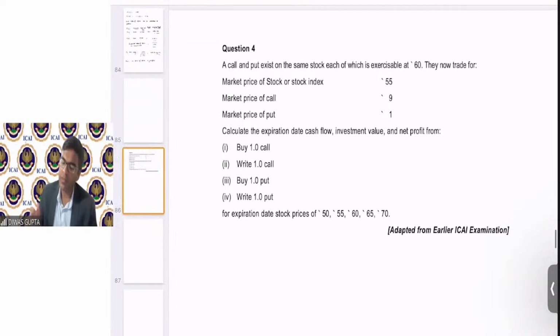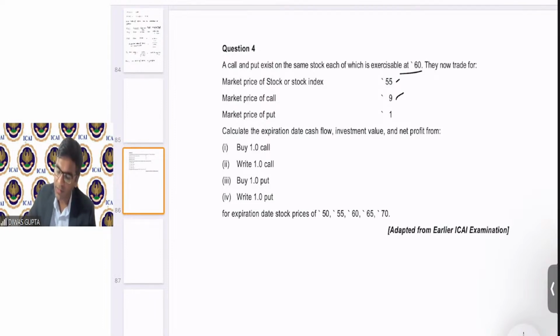Let's come to question number 4. Question number 4 says that a call and a put exist on the same stock, each of which is exercisable at rupees 60. So both of them have a strike price of 60. The market price of the stock or stock index is 55, which is the spot price.